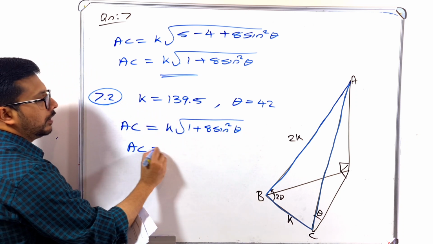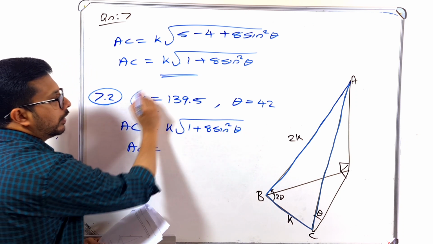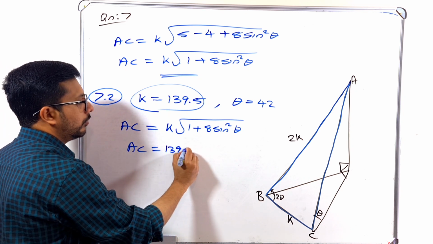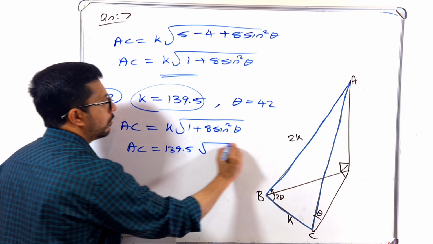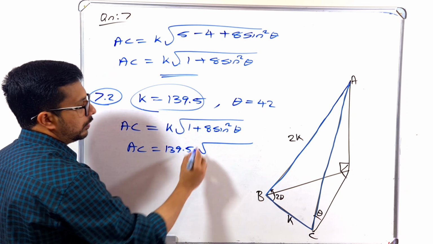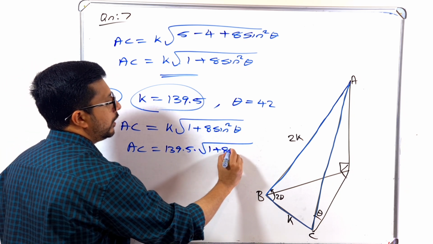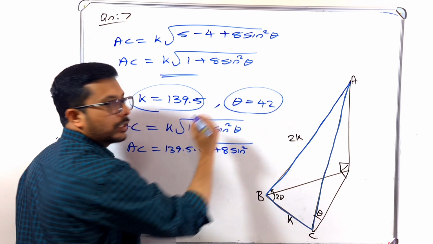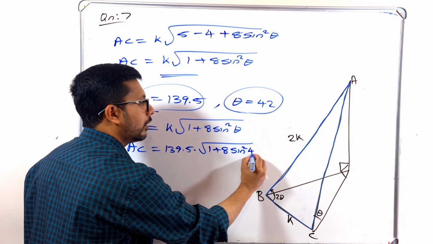So AC is equal to, what is the value of K? K is given as 139.5. So 139.5 into square root of 1 plus 8 sine square, what is theta? Theta is given as 42, sine square 42.